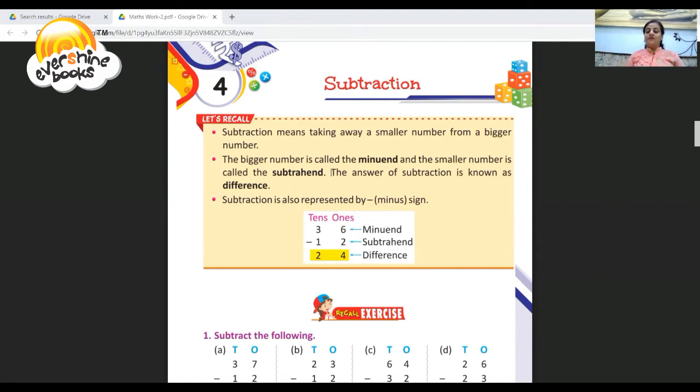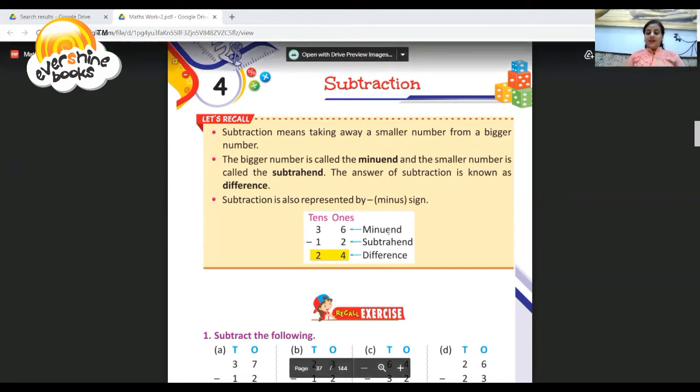The answer, whatever the answer is, is called the difference. Difference means whatever answer we get after lessening it, after minusing it. Subtraction is also represented by the minus sign. This is just a sleeping line.